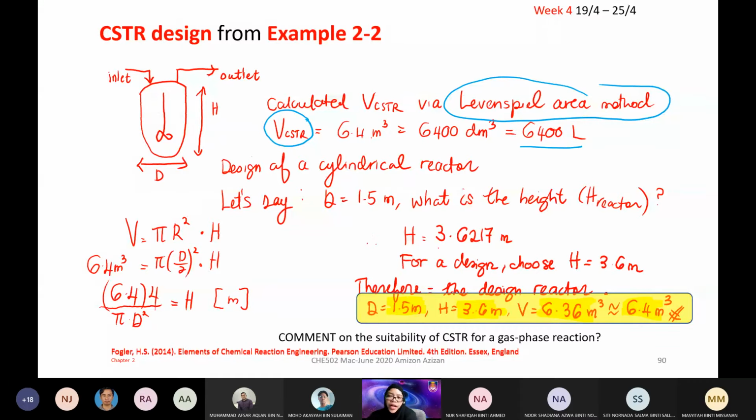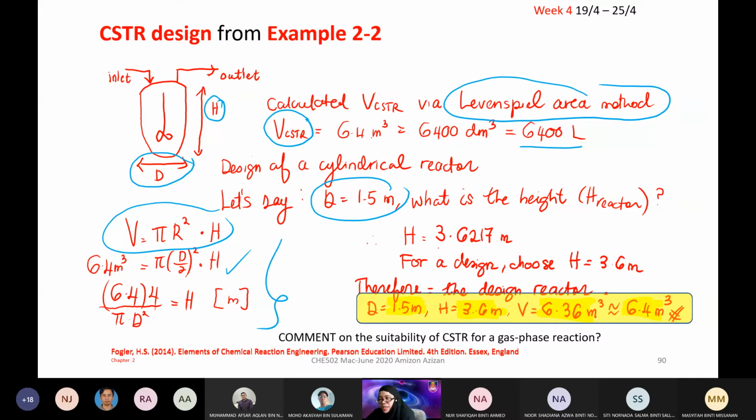So how do we design the reactor? Of course, with the cylindrical reactor, we know that the volume is defined as pi r squared times h, or you define it with the diameter. If you have a specific diameter, how big the CSTR is going to be is based on your defined diameter, and you just need to find the height, h. The simple formula will give you the design height.